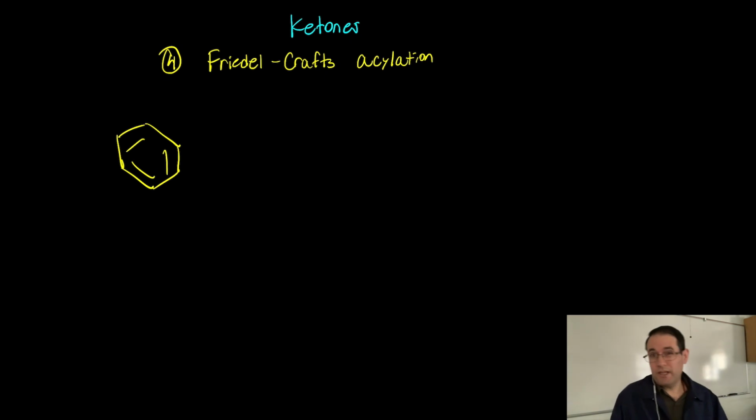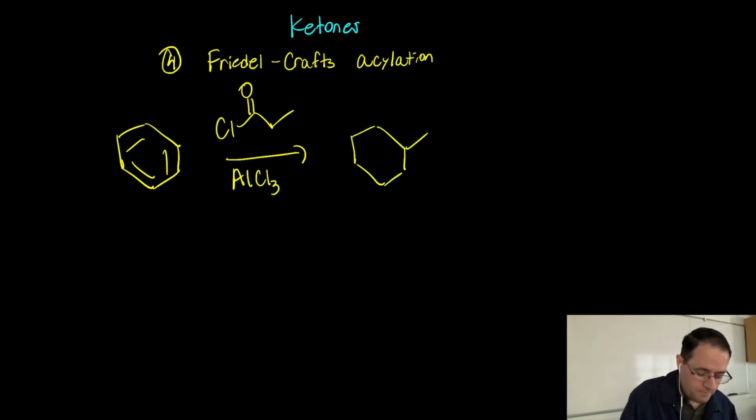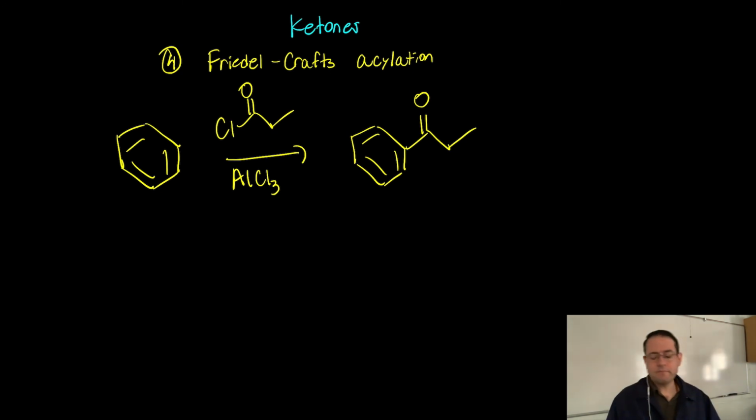that aromatic rings of all sorts with deactivating groups and activating groups can react with acid chlorides, aluminum chloride, to form ketones, aromatic ketones.